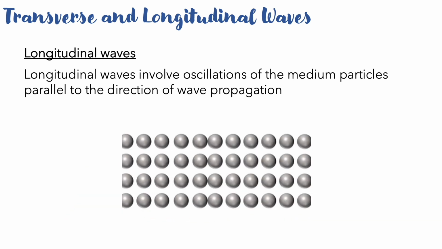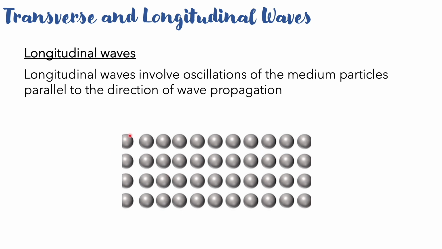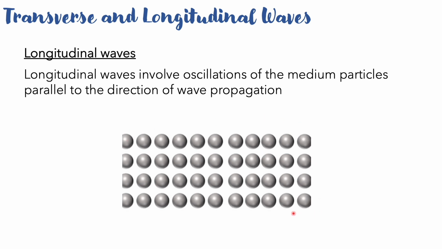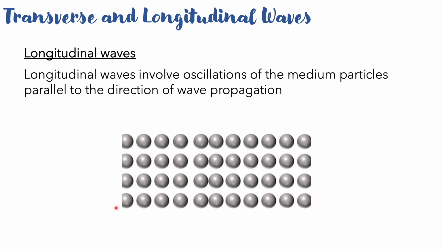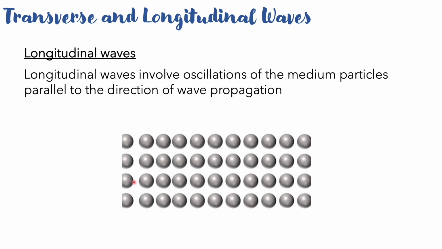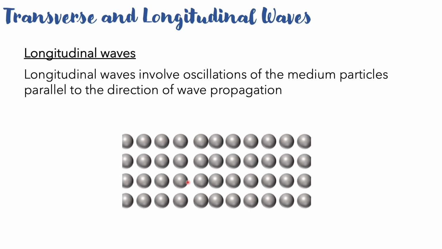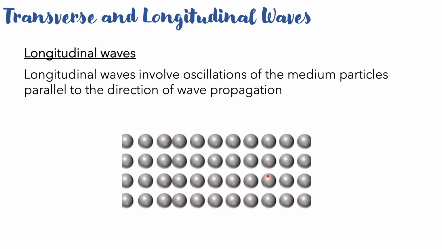Here is another example of longitudinal waves. You can consider this as an arrangement of atoms inside a solid material. They are very close together. So when a wave propagates through a solid medium, this is how the wave, or the energy, transfers from one place to another.